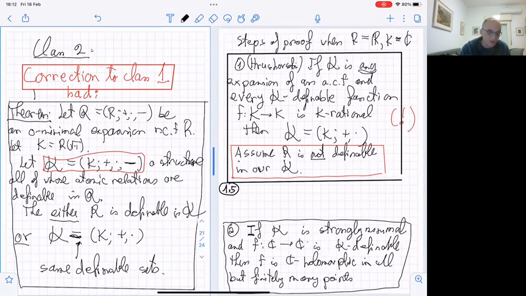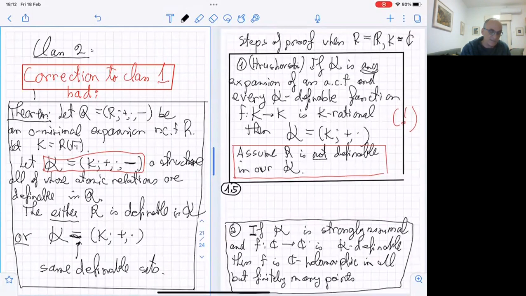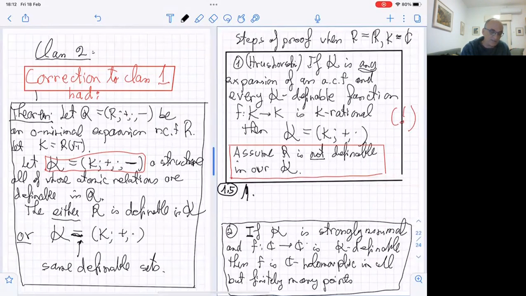And what Marker showed is that if you cannot define the reals, if you cannot define R, then actually you cannot define any set unless it is either finite or co-finite. And it follows quite easily from that.